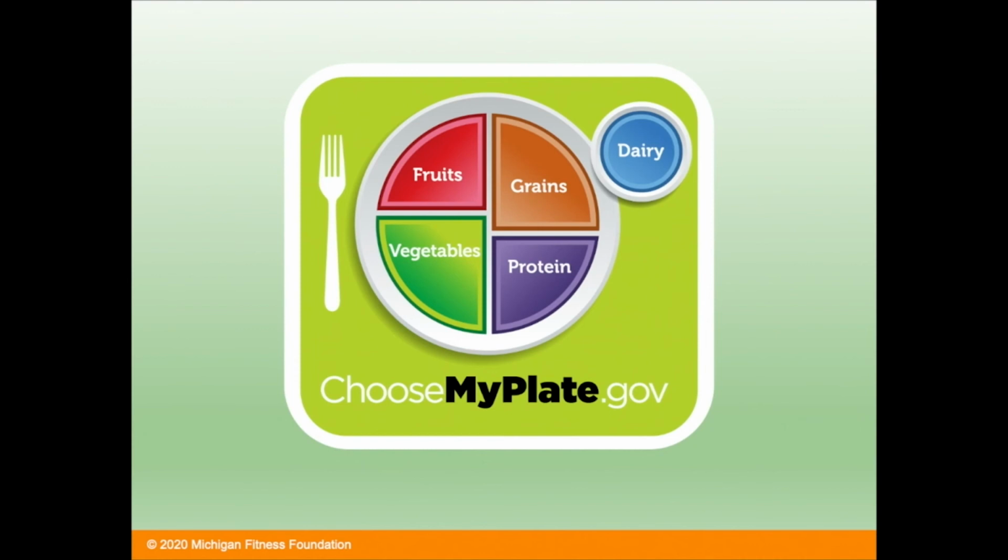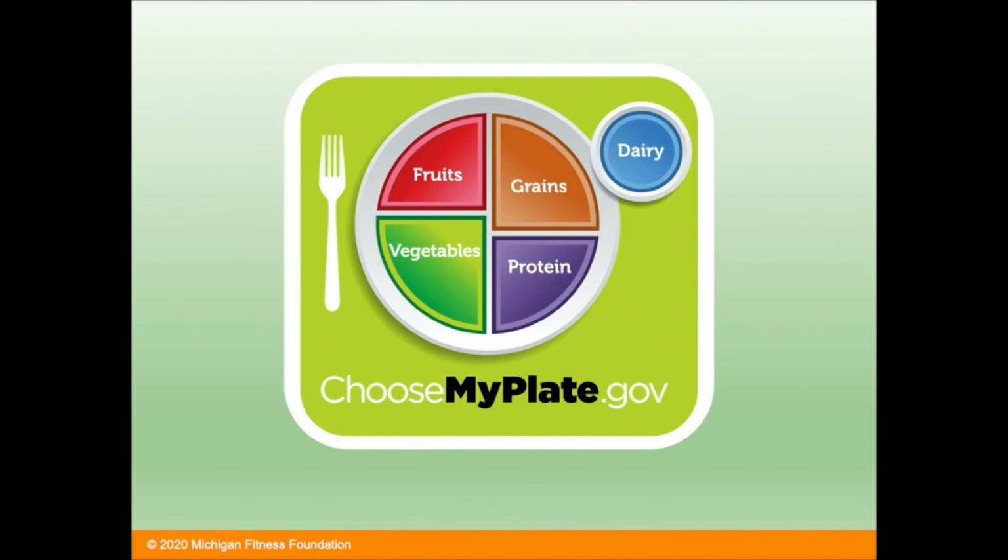And then for our bumps on a log, that has peanut butter, which is protein, celery, which is a vegetable, and raisins, which is a dried fruit. We can also have things like cheese slices and low-fat yogurt to meet our dairy category.